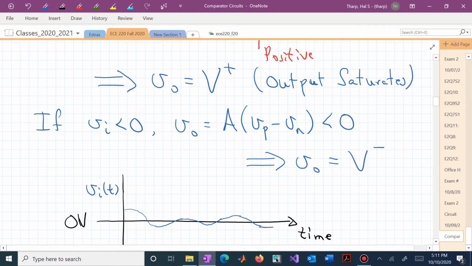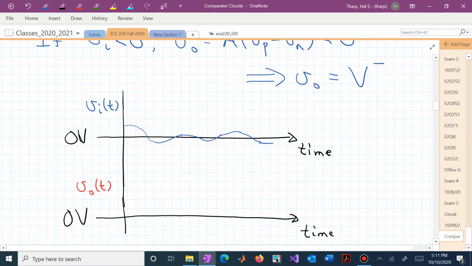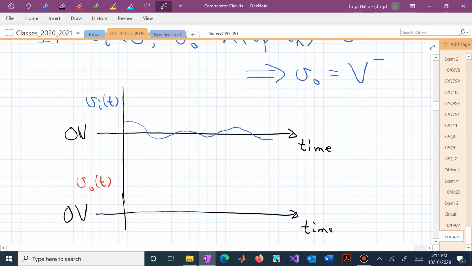We can actually draw a picture of what's happening. Let's say our input voltage V sub I is moving around in this particular fashion. We can now draw the corresponding output voltage from that comparator circuit. The comparator circuit is going to look at V sub I and say, is it positive? If it is, then the output equals V plus.